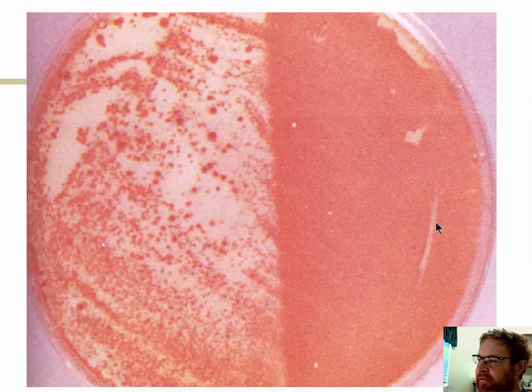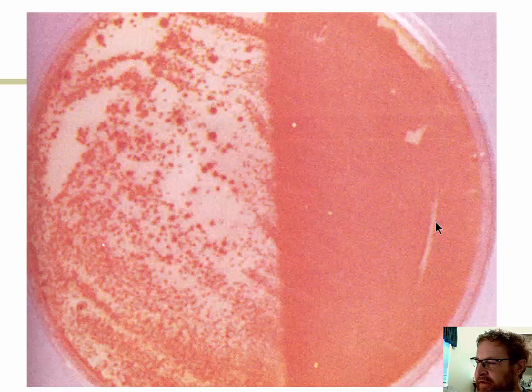Now here's an effect of UV light on a plate of bacteria. In this case, it's called Serratia marcescens. And you can see that on the right side here, this has been covered up with a piece of paper so that the UV light doesn't get to shine onto it.